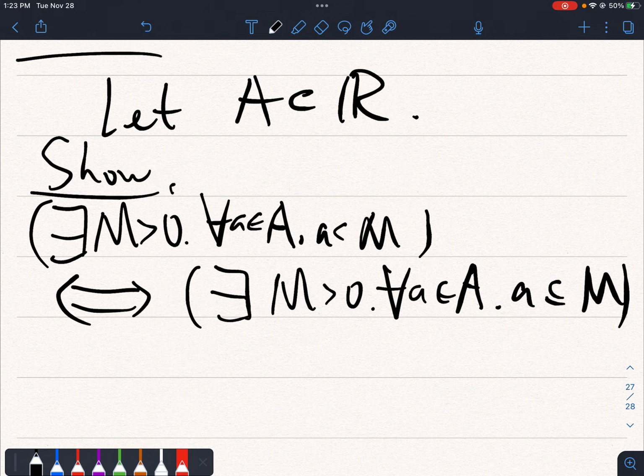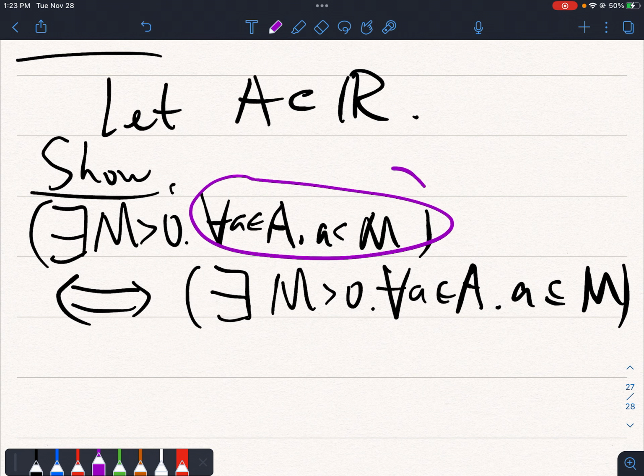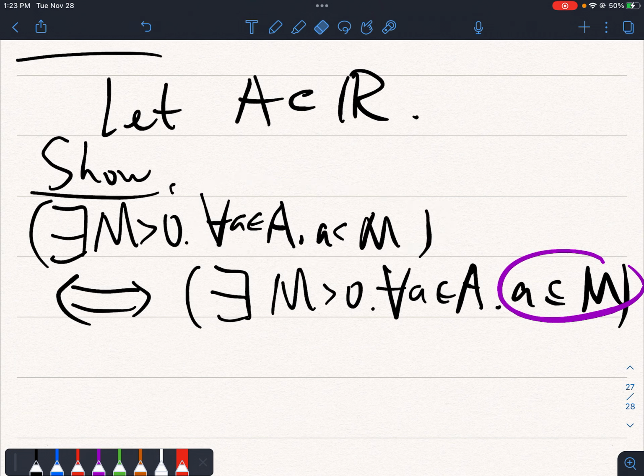So they are equivalent. So this means every element in A is less than this number m, and this means every element in A is less than or equal to m, and they're actually equivalent, which means, so here this m is considered as something called an upper bound.